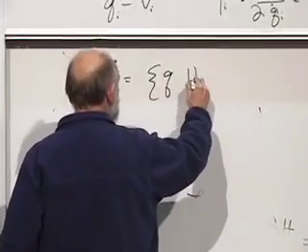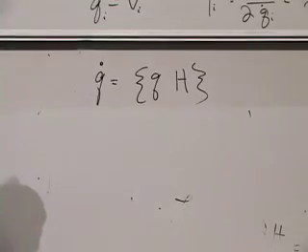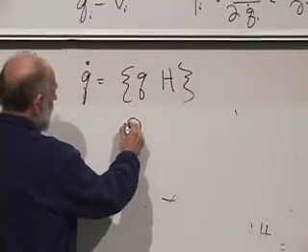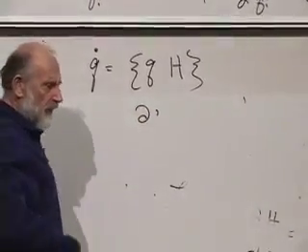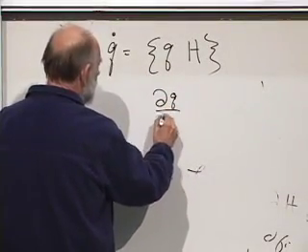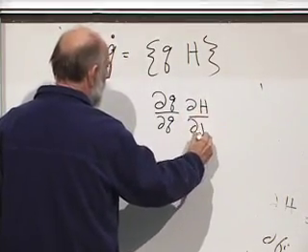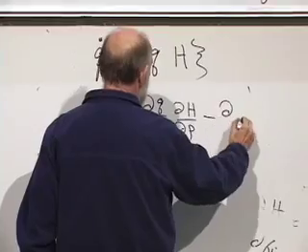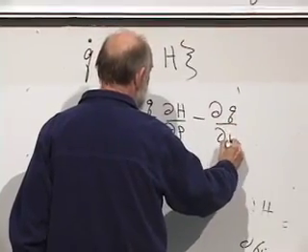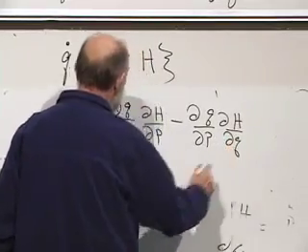Q dot must be the Poisson bracket of Q with H, according to those equations. Let's see what that says. One variable now, one P and one Q. That says dQ by dQ, dH by dP, minus dQ by dP, dH by dQ.